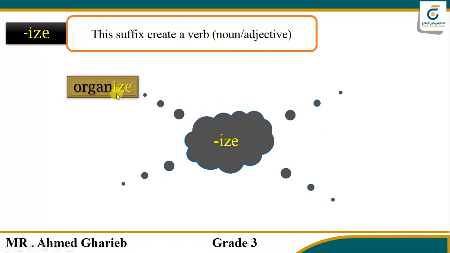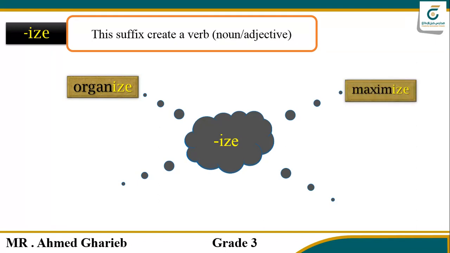I see I-Z-E at the end, so I am sure that it's a verb. The noun is organ, but the verb is organize, and organize means to arrange things in particular order. Okay.